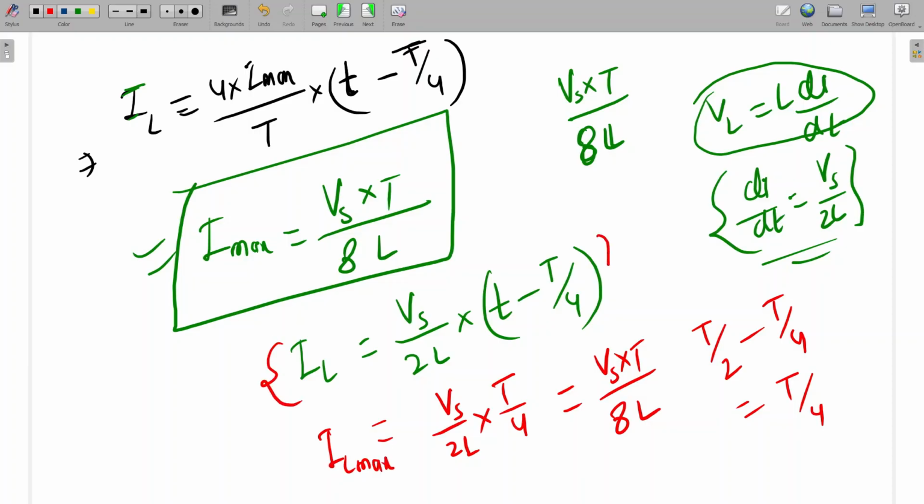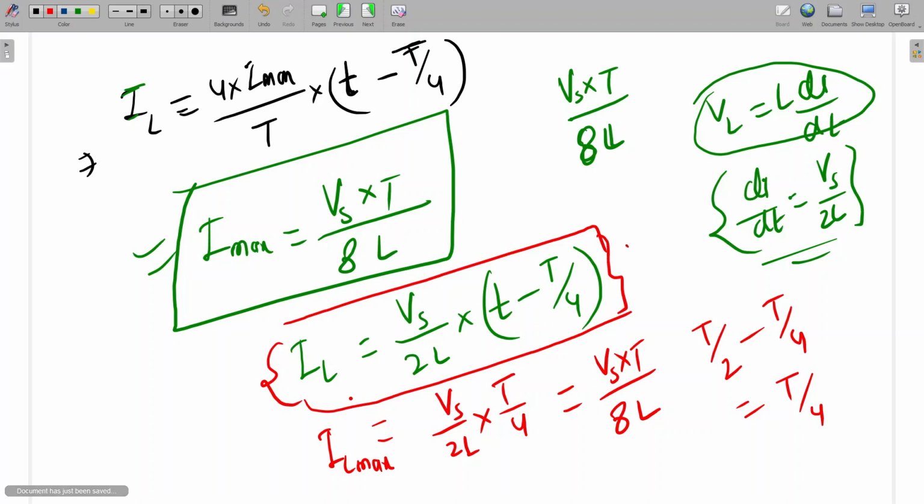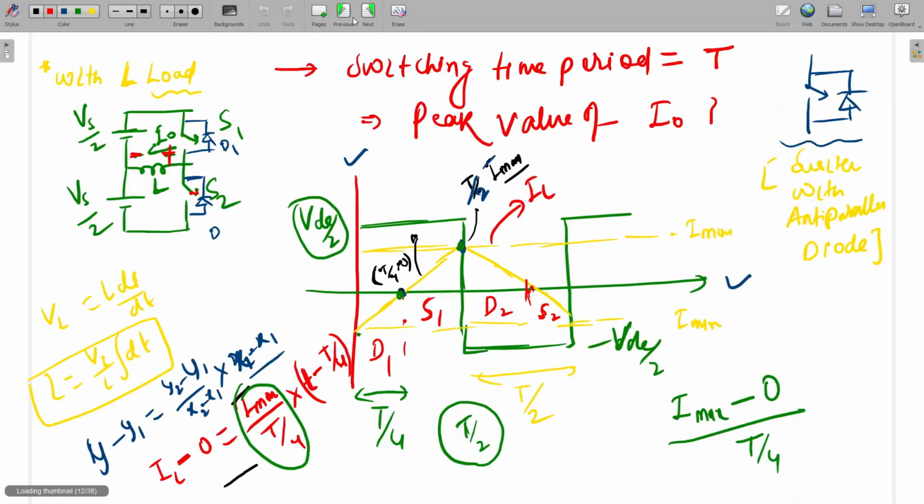Is it clear? This will be the equation of the current, and it will be maximum at t equal to T by 2. Otherwise I will explain again. See, this line is the inductor current. This is a ramp signal. We know the equation of a line. This is the slope value.